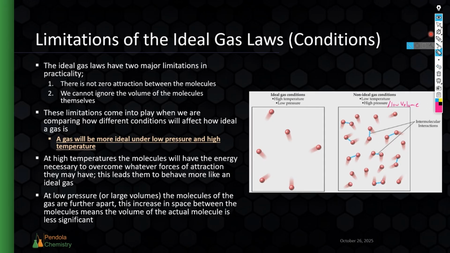So I'm going to use a highlighter here to highlight these. But we get a lot more interactions between the molecules because at higher pressure or lower volume, the molecules are going to be closer together. And that causes the force of attraction to not be zero. It causes them to be much stronger. And so the molecules are less ideal.